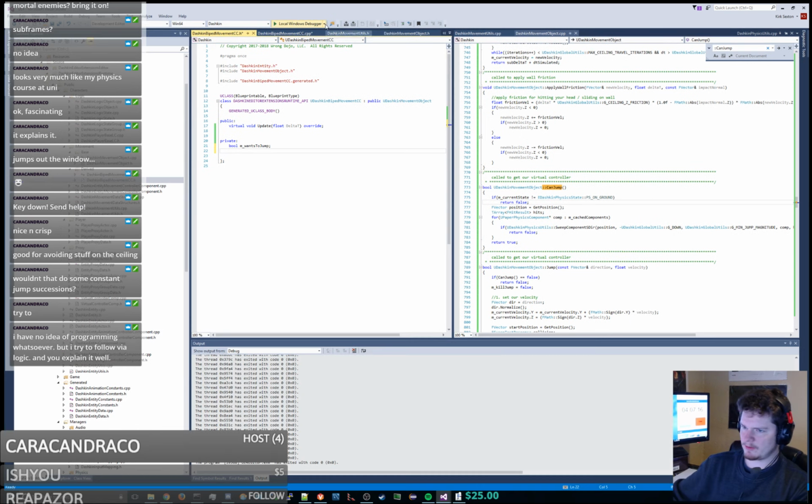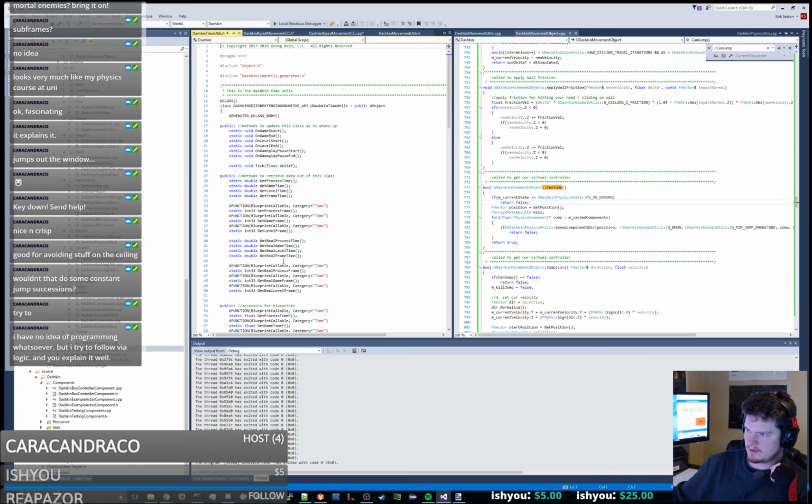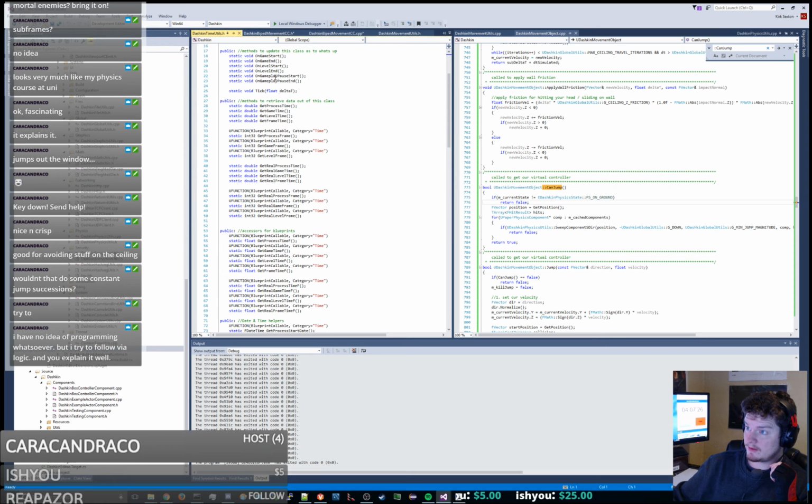So let's get that timer in there real quick. We're going to want to grab our time utils for this. Maybe we should just use the get process time. That's probably what we want.